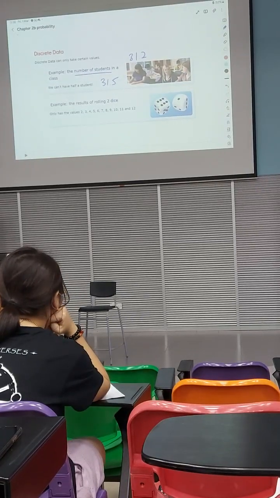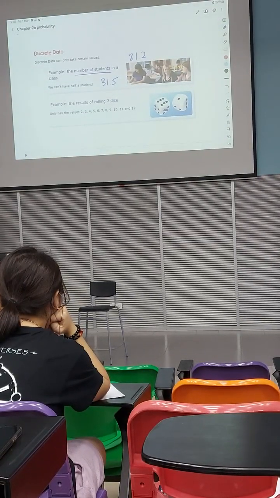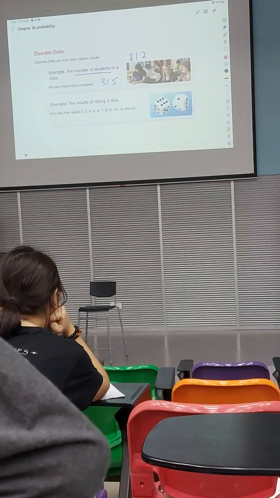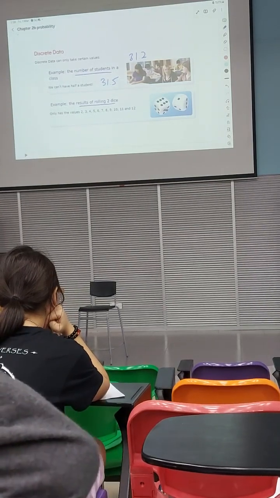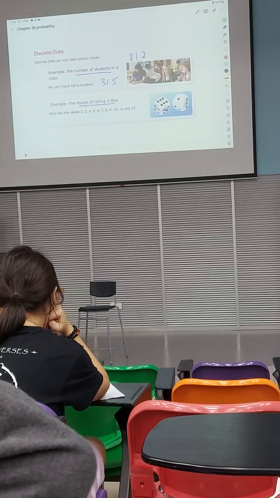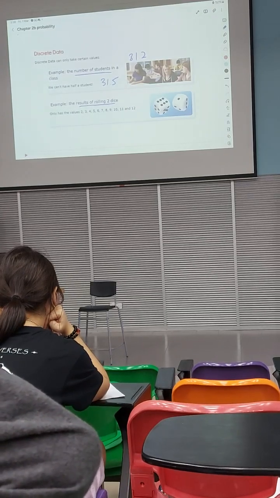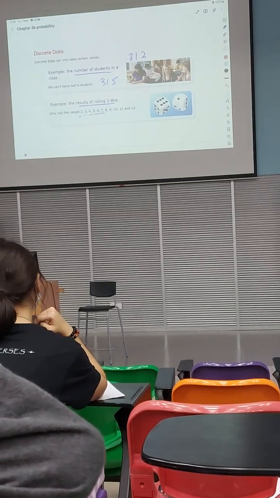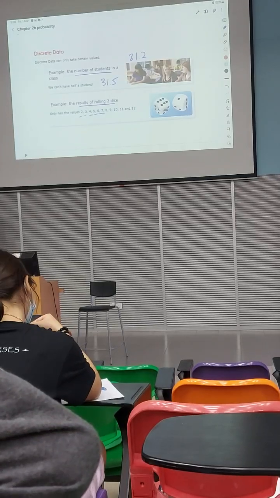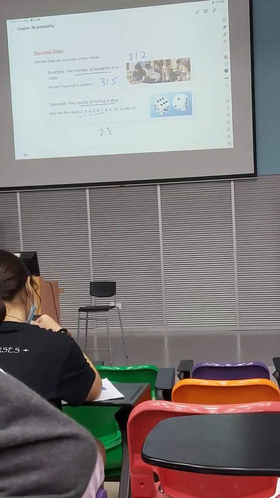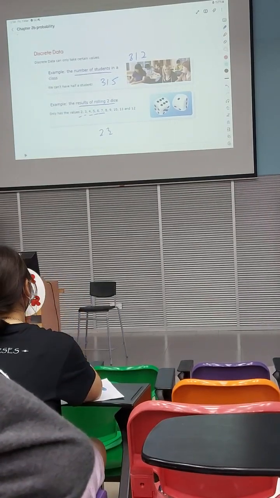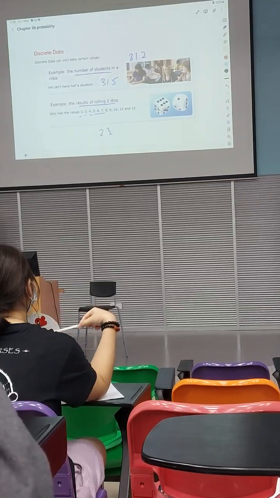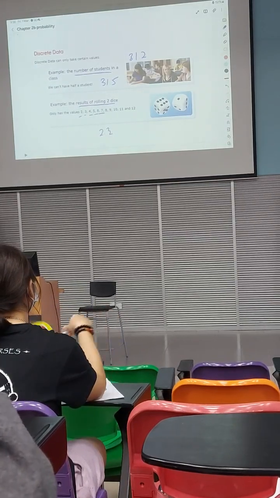We can't have half of a student. Another example is the result when we throw a dice. The value can only be 1, 2, 3, 4, 5, or 6. I cannot have a result of 2.2. So this random variable is called discrete.